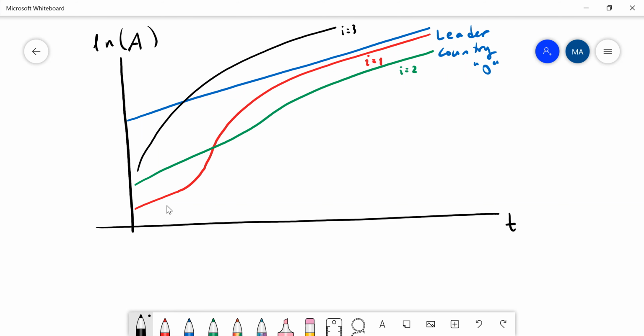So here, after this point, right? After this point, country 3 actually forges ahead. So this part is catching up. This part is forging ahead.